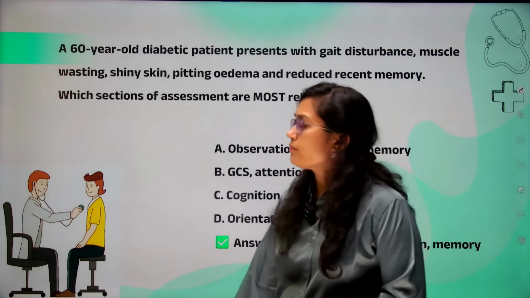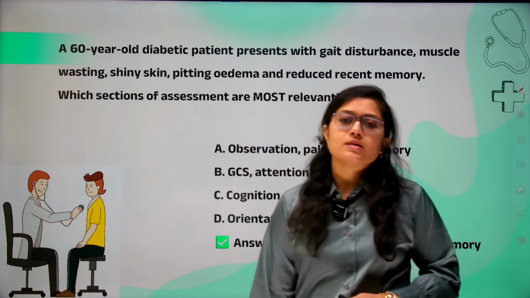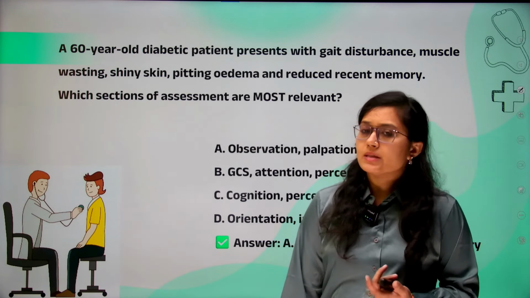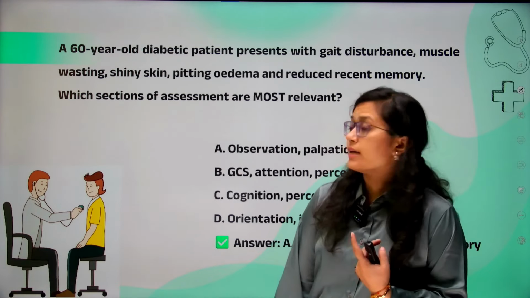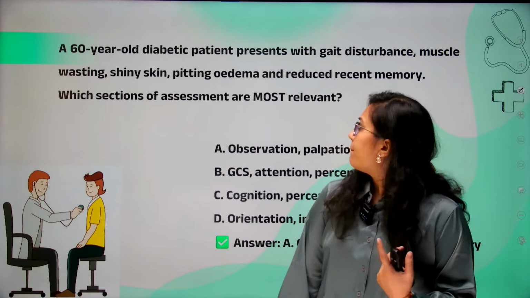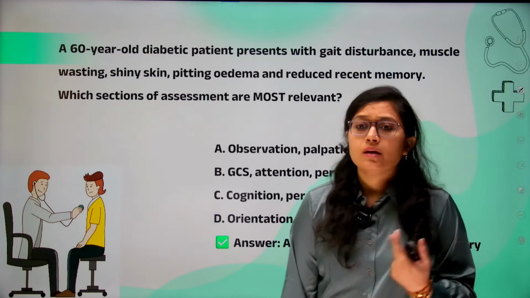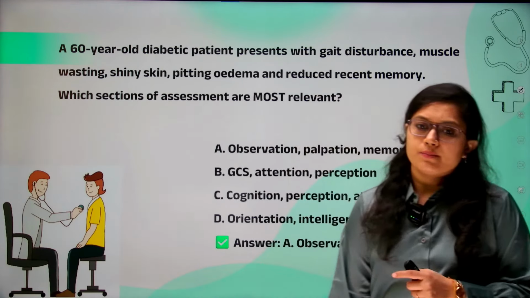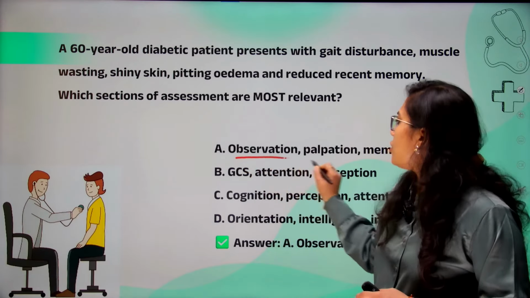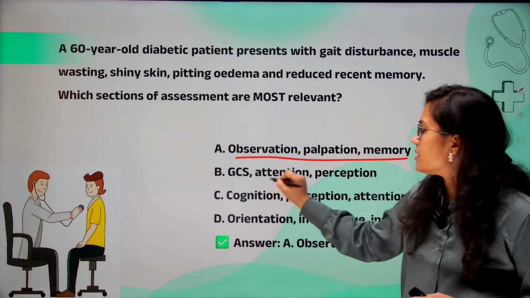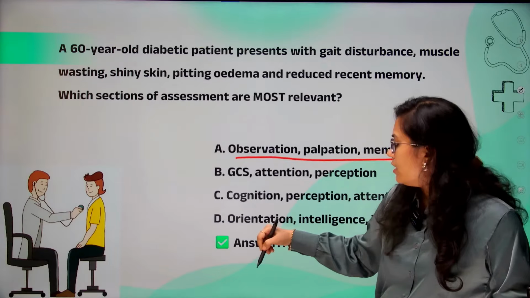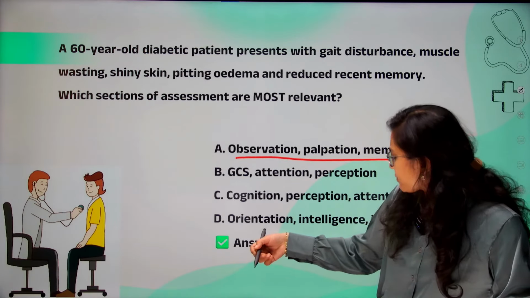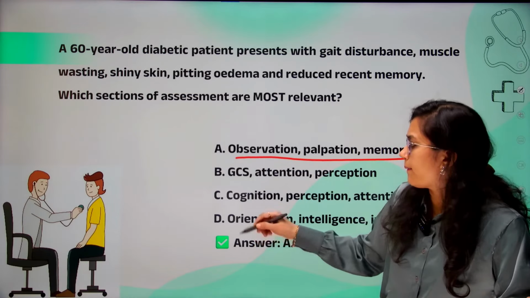Fine. The next question is, a 60-year-old diabetic patient presents with gait disturbances, muscle wasting, shiny skin, pitting edema, and reduced recent memory. Which sections of the assessment are most relevant? Whether it is observation, palpation, memory; GCS, attention and perception; cognition, perception and attention; or orientation, intelligence and insight.